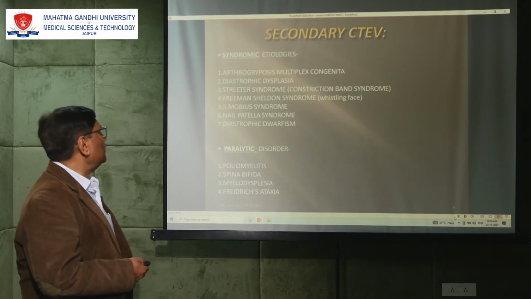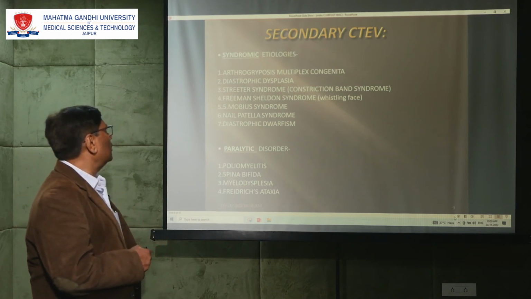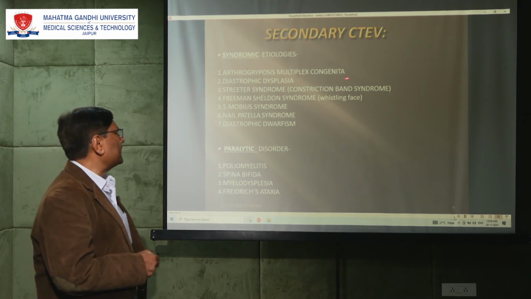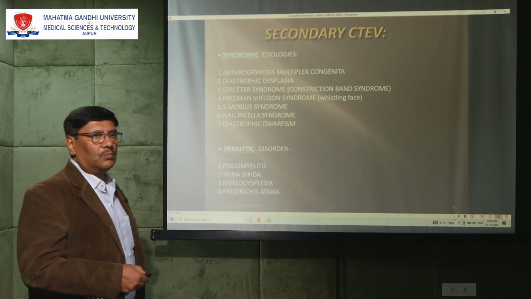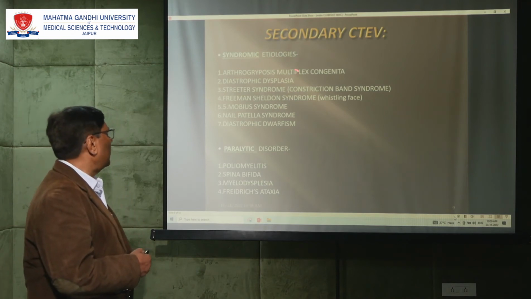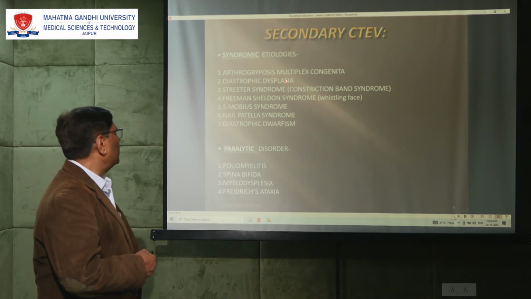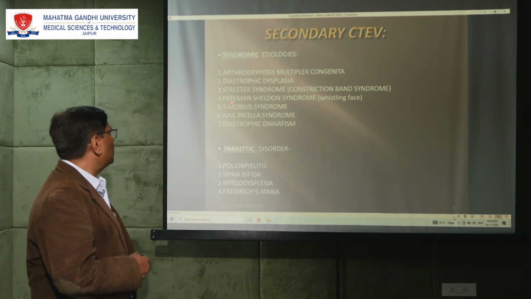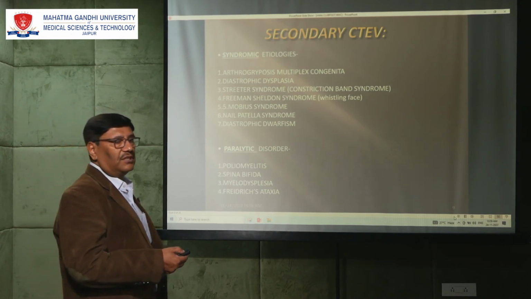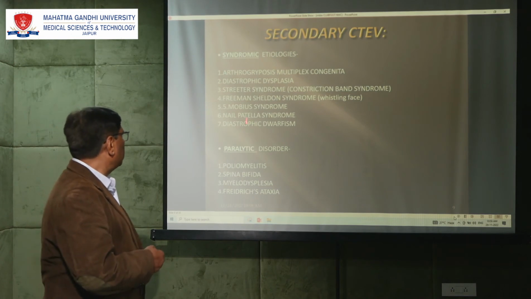Secondary CTEV sometimes is also associated with many syndromes, the commonest of them being arthrogryposis multiplex congenita, in which the major joints of the limbs are affected, deformed and stiff, diastrophic dysplasia, Streeter syndrome, where there are constriction bands which you can see in the forearm or in the legs, and many other syndromes.